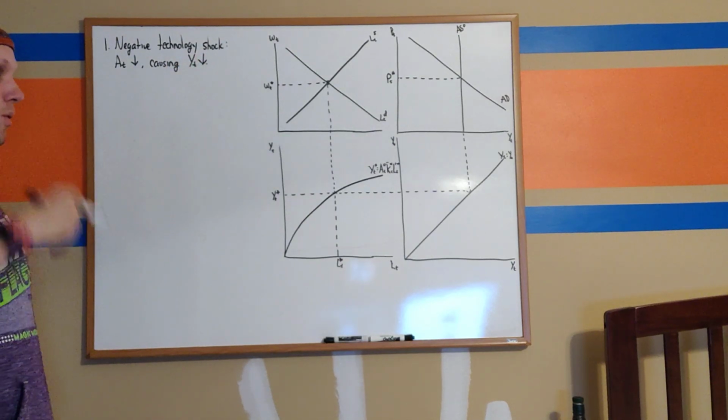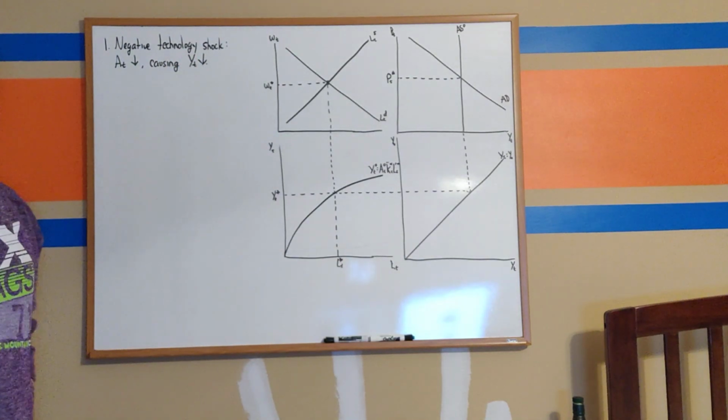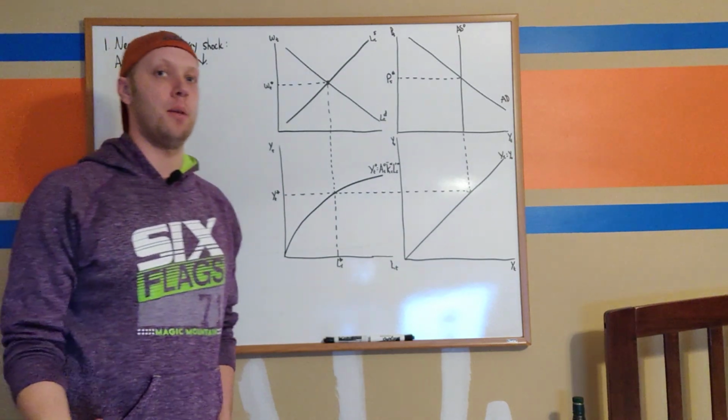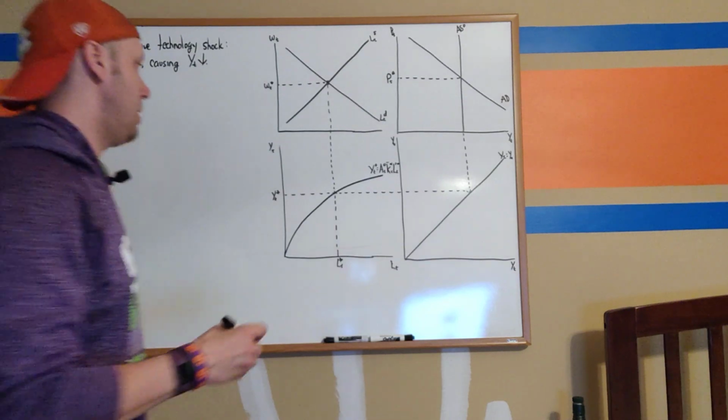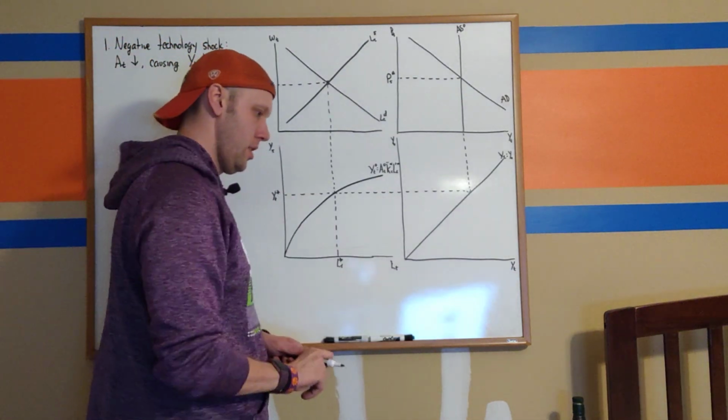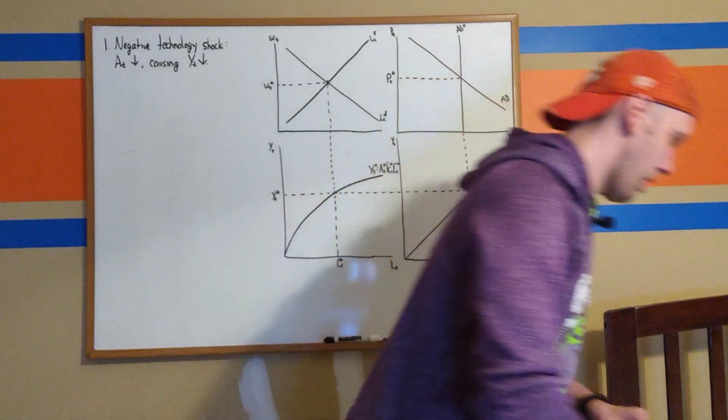A_t shifts down, meaning it is less than 1. Because remember, at a steady state, it's equal to 1. So it's going to be less than 1. Therefore, it's going to shift this production curve inward.